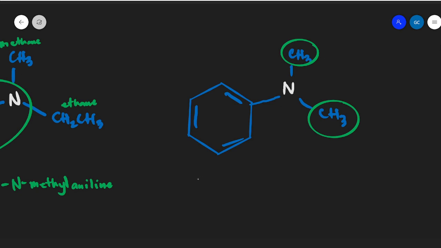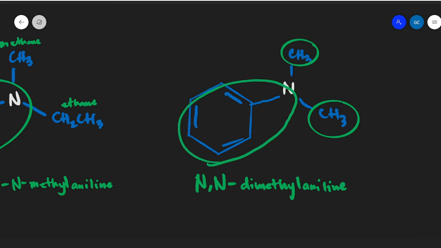So you will have N, comma, N that corresponds to those two methyl groups attached to our N. So N,N-dimethyl aniline. Because this is our aniline. Okay? That is how simple it is for the aromatic amine.